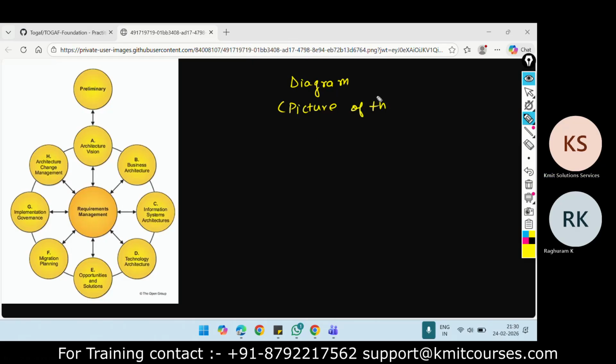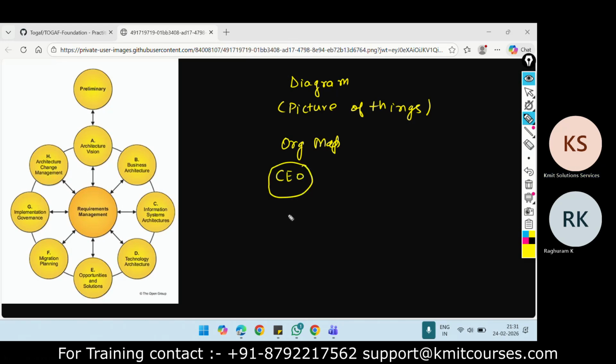Whenever you are presenting any use case or any organization unit, you want to show it in the form of diagrams, like, for example, an organization map.